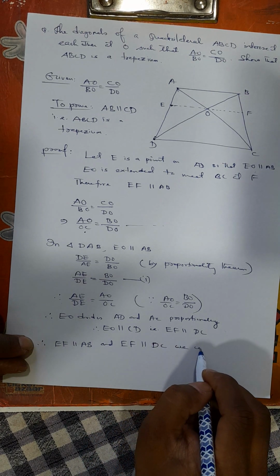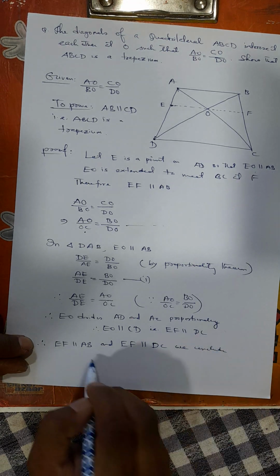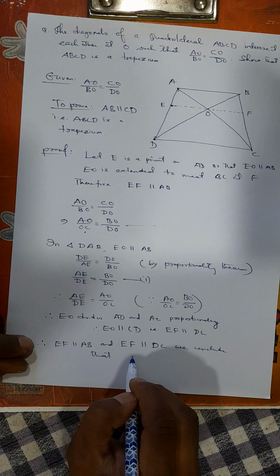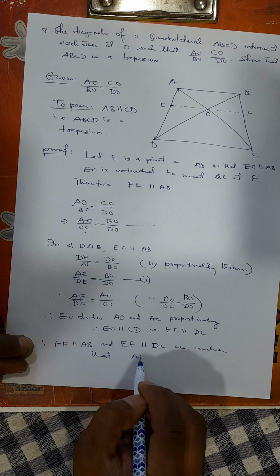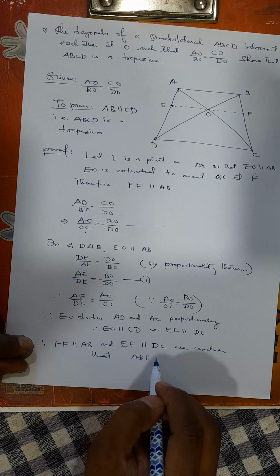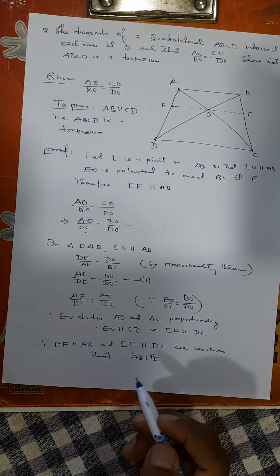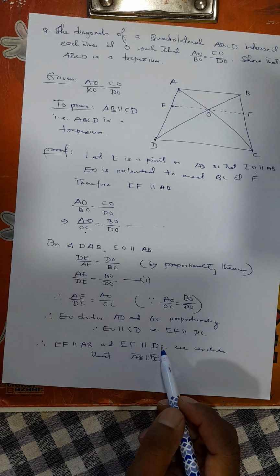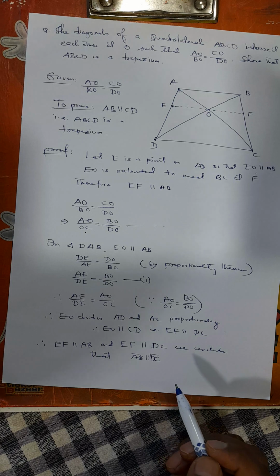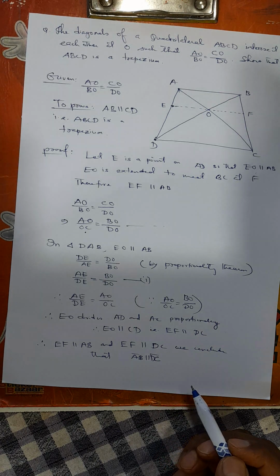We conclude that AB is parallel to CD or DC. That means two lines parallel to the same line are parallel to each other. This we discussed in Euclid's axiom earlier.